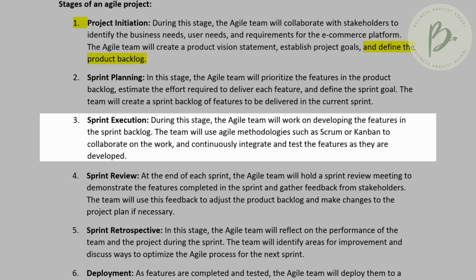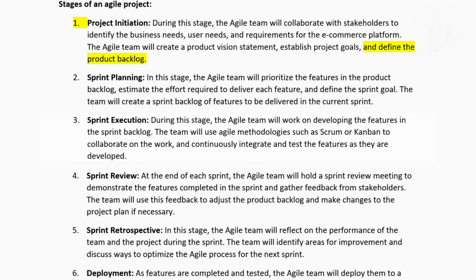They will use this to collaborate on the work, and they will continuously integrate and test the features as they are developed. Now, for the case of our project, we will look at adopting Scrum. But let's complete the stages of Agile before we then look at applying it to a Scrum methodology.